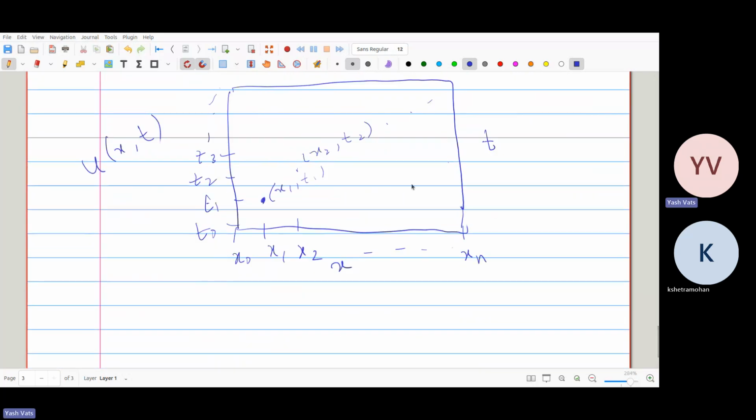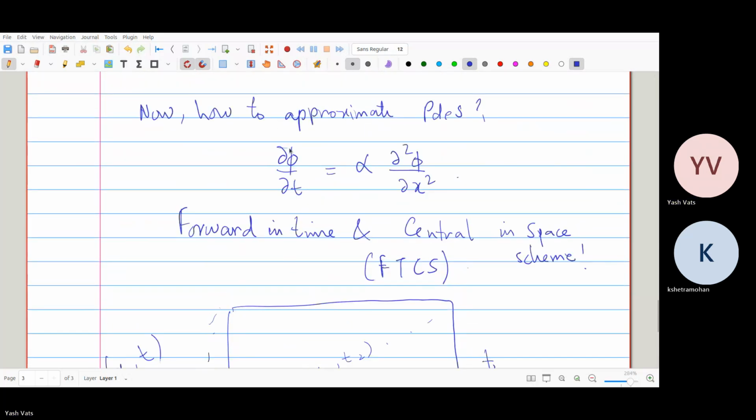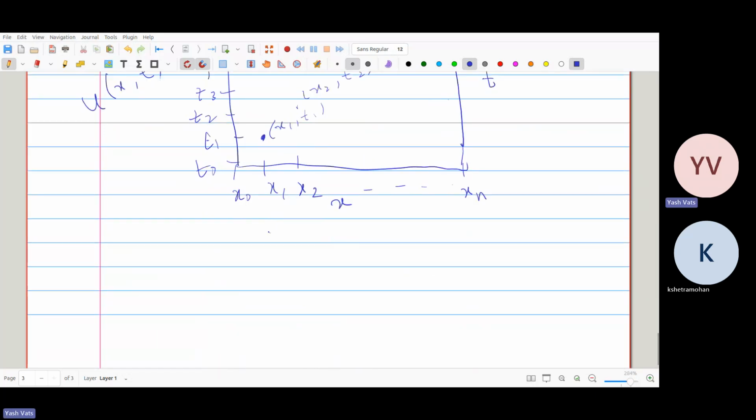Okay. So what does it mean by forward in time? I want to approximate del phi over del t at t equals tn.